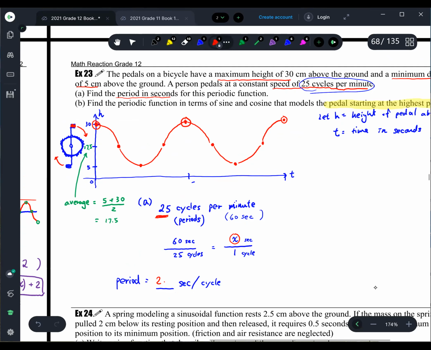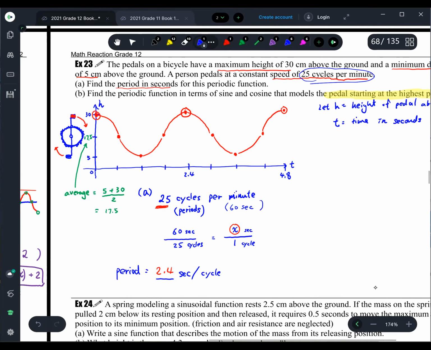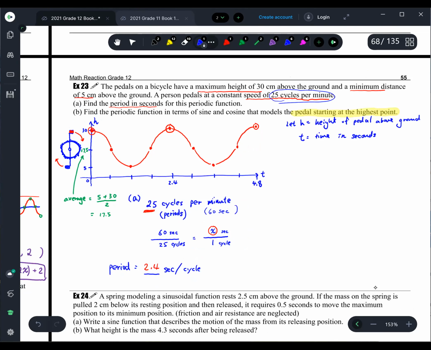Okay, 2.4. Another cycle will become 4.8. So you have these equally divided sizes of space. Now we have the graph.